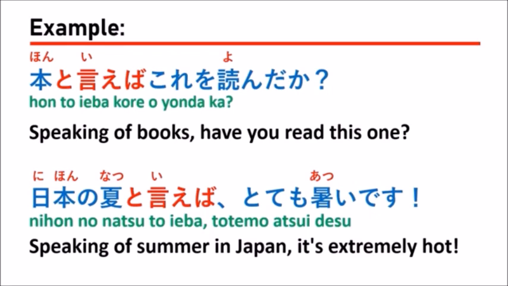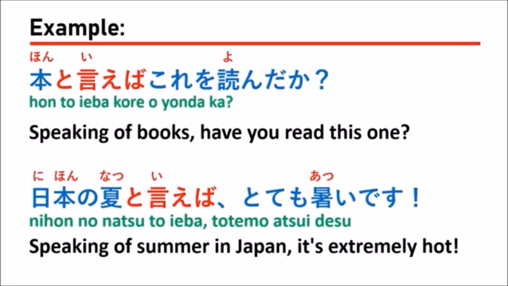To ieba means if we're talking about the summer in Japan. Totemo atsui desu: really extremely hot.